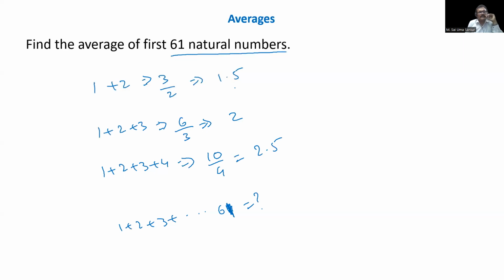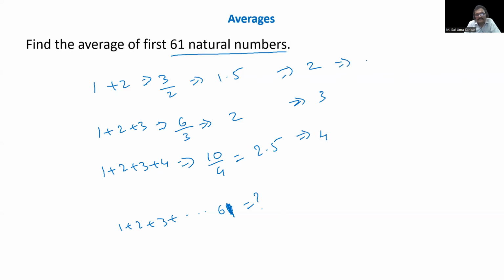Okay, if you observe, 2 numbers, average equal to 1.5. 3 numbers, average equal to 2. 4 numbers, average is equal to 2.5. So, how to solve this one? Here, 2 digits, here, 3 digits, here, 4 digits.